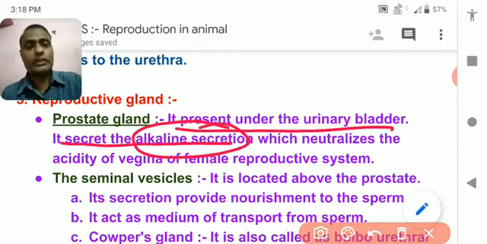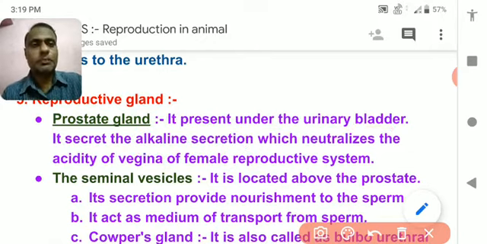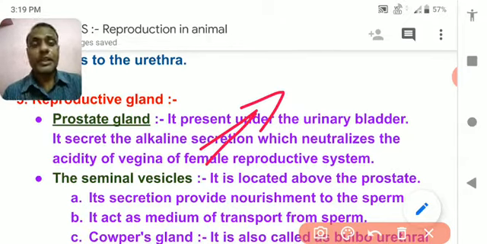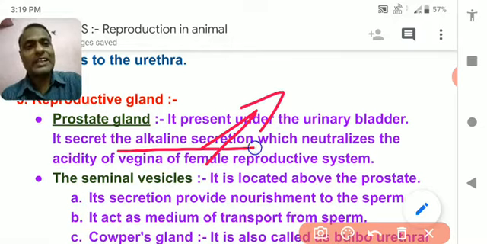But the female vagina is acidic in nature. So when the sperm is released into the female vagina, the sperm will die because it is acidic. So to neutralize the acidity of the vagina, the prostate gland releases an alkaline secretion.